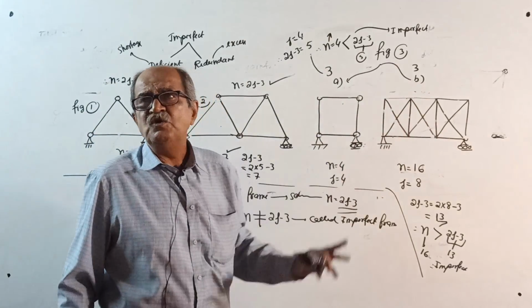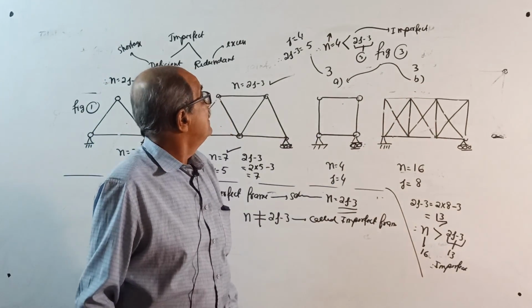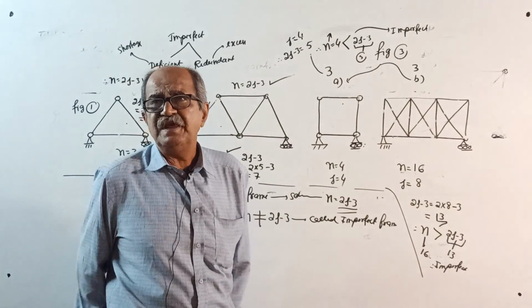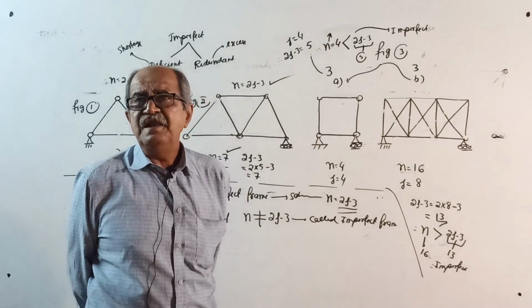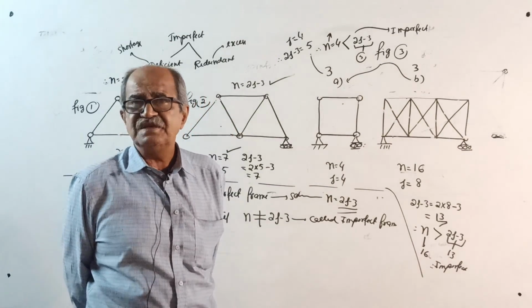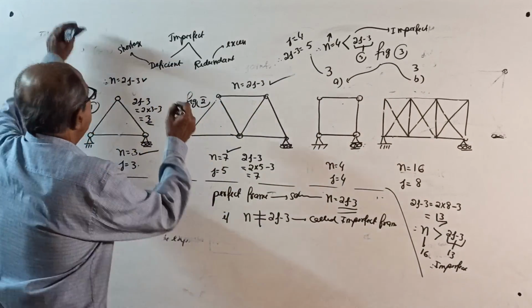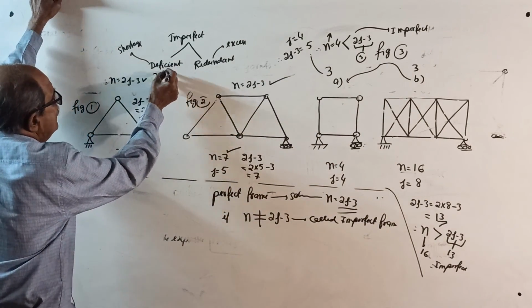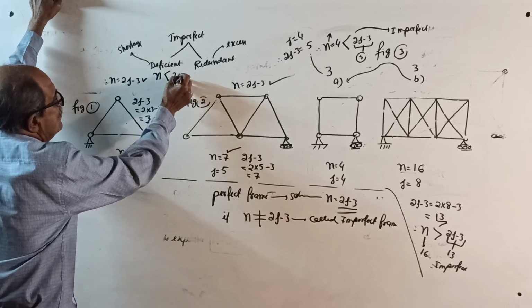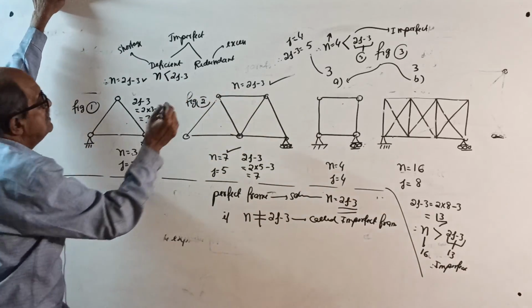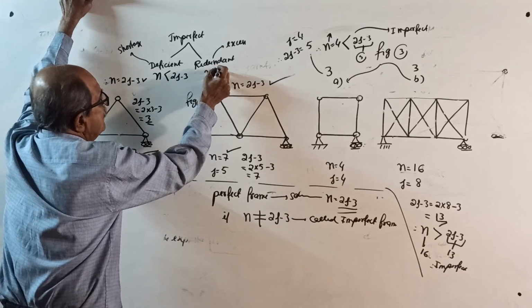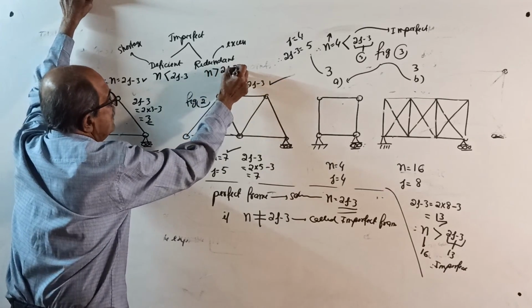Here n is more than 2j minus 3. If n is lesser, number of members are lesser, it is called deficient frame. Deficient means n less than 2j minus 3, that is shortage. Redundant means n more than 2j minus 3.